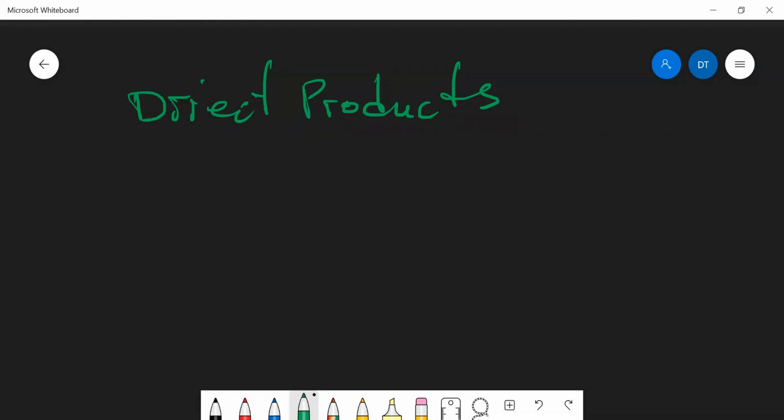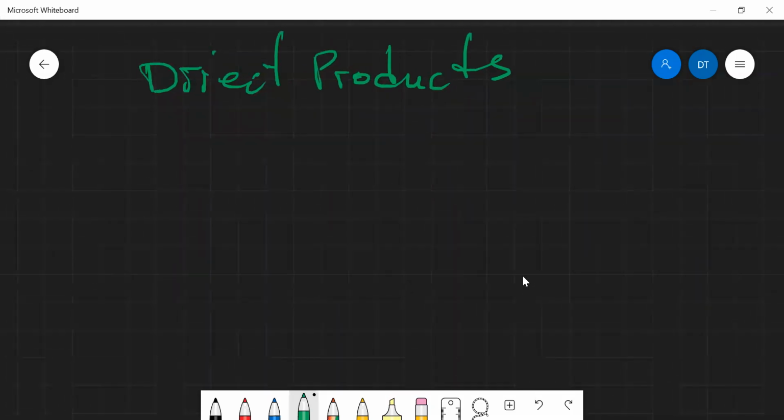It's very convenient to find some operation to produce a new group if we're already given some other groups. There are a lot of different operations to produce a new group in algebra, and I want to explain one of the simplest ones, which is the direct product. So suppose we're given two groups, G and H.